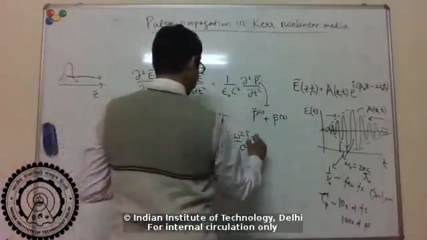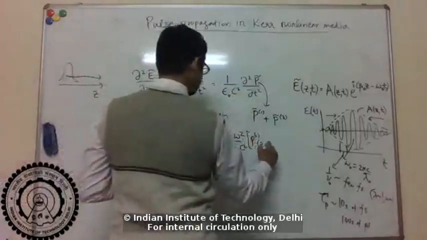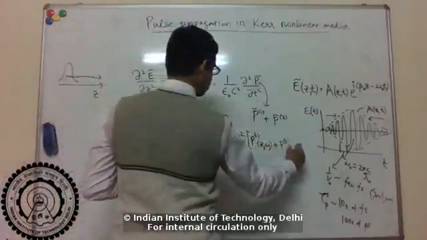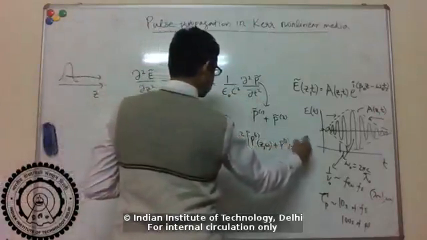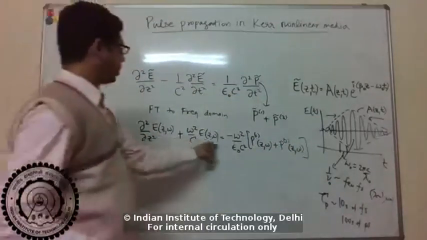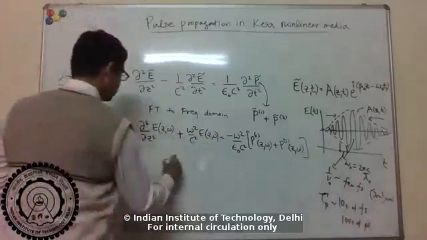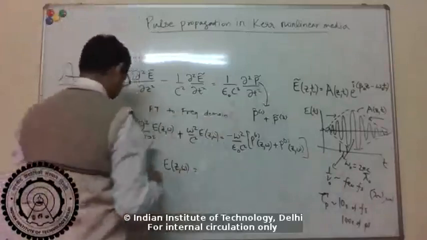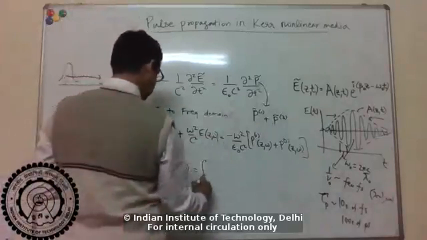And then I'll have the linear polarization plus the nonlinear polarization. Okay, where these frequency domain quantities, so Ez omega is related to Ez t by the Fourier transform, right?